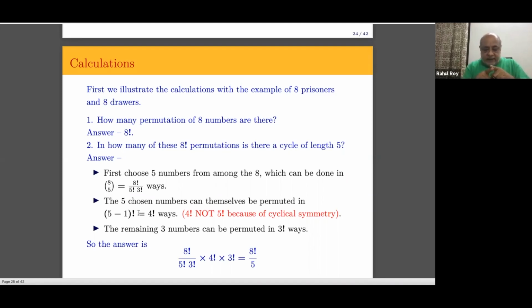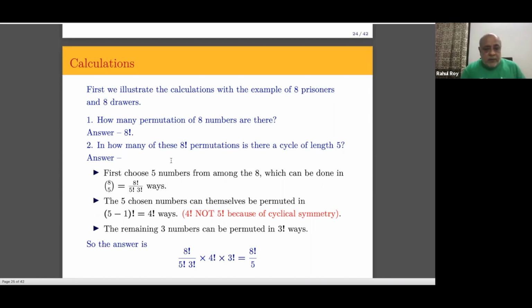You go from 1 to 4 to 3 to 8 to 2 and then again to 1. So instead of taking 1 to be the first, if I had taken the next number 4 and then the 3, then we would have got the same cycle. That is why there's 4 factorial. And the remaining 3 numbers can be permuted in 3 factorial ways, because we have already chosen 5 out of 8.